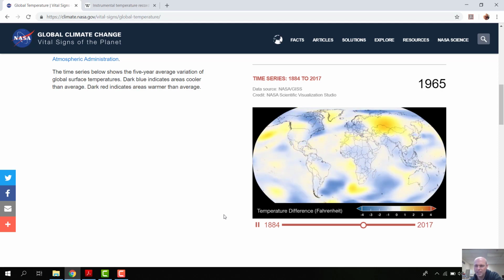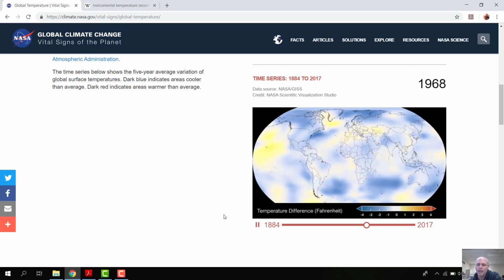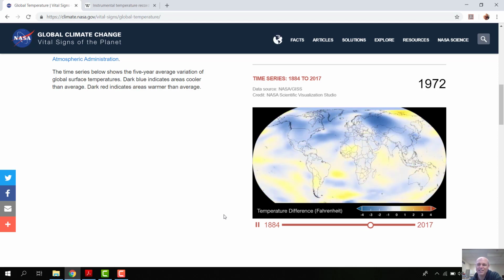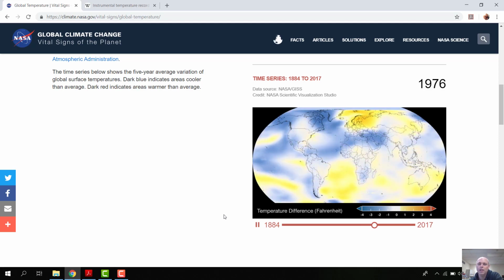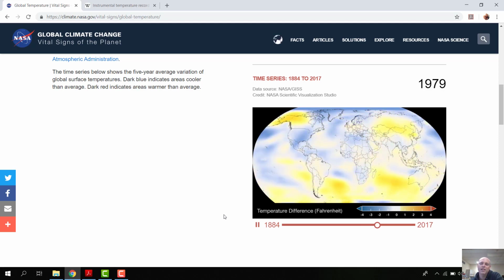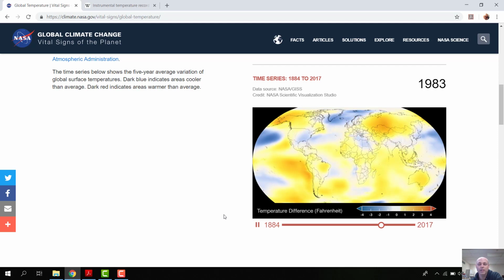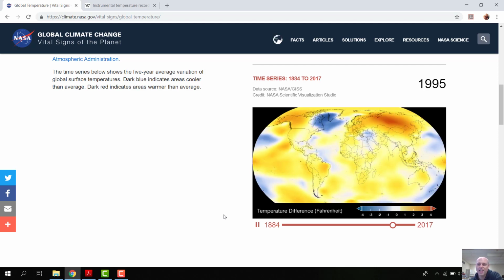But then from the 50s going into the 60s and 70s, we're going to start to see greater temperature differences, greater anomalies. So all of these years start to get warmer and warmer and warmer, and you can see that in the animation here.